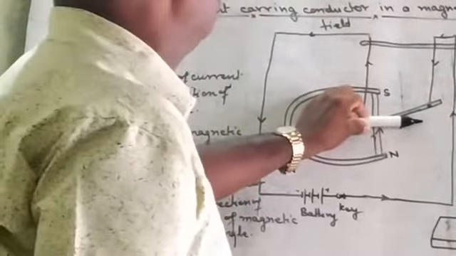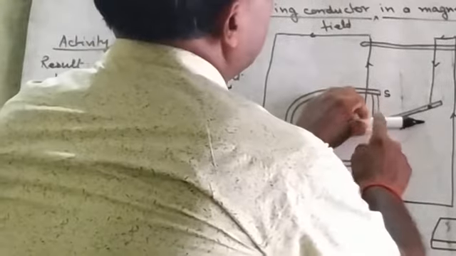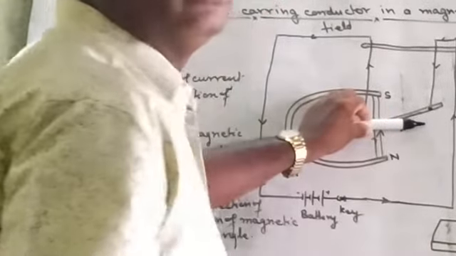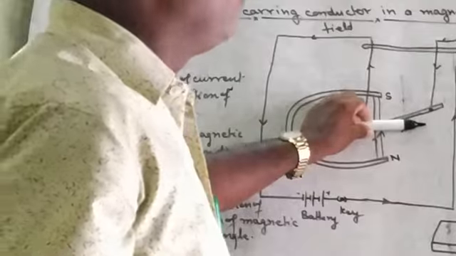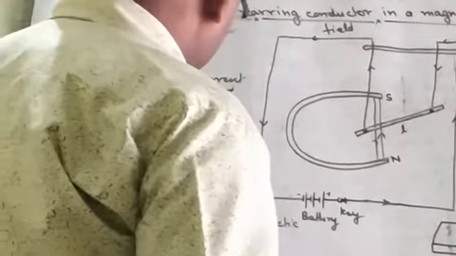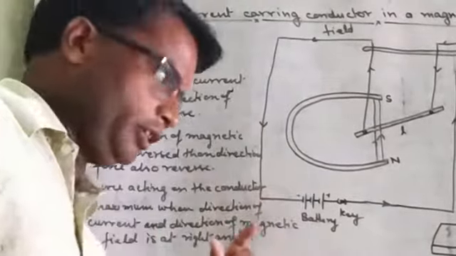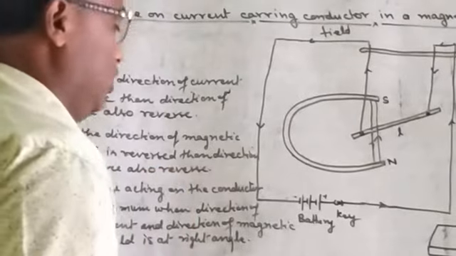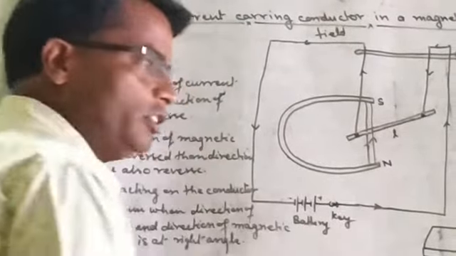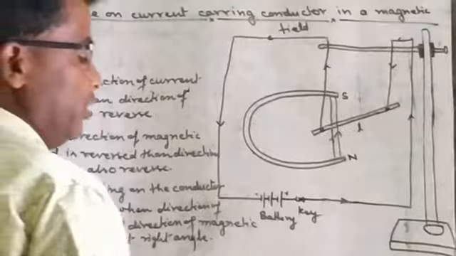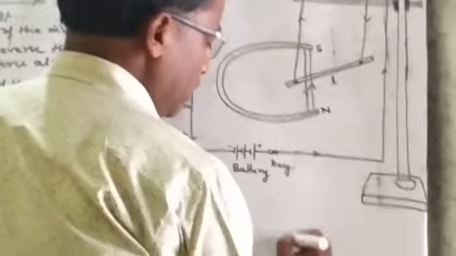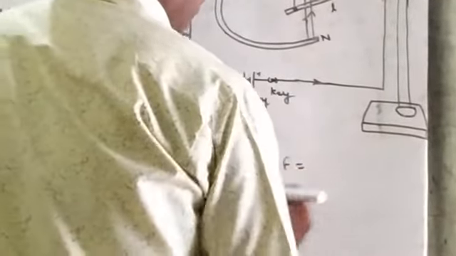Then in this situation, the force acting on the conductor is maximum. Why? Because I will discuss this. You see here, this force acts, its numerical value is calculated by this formula, F is equal to a magnetic field.